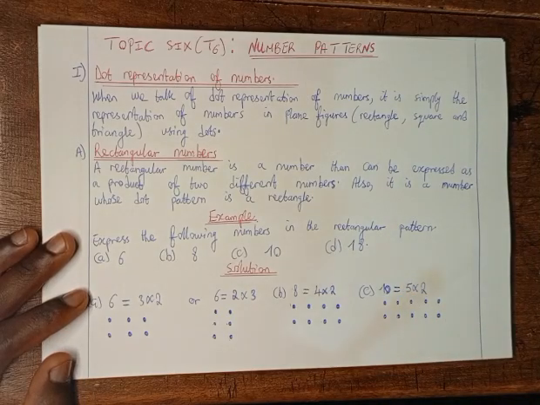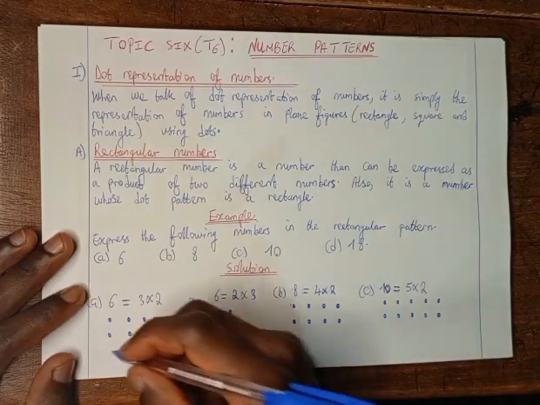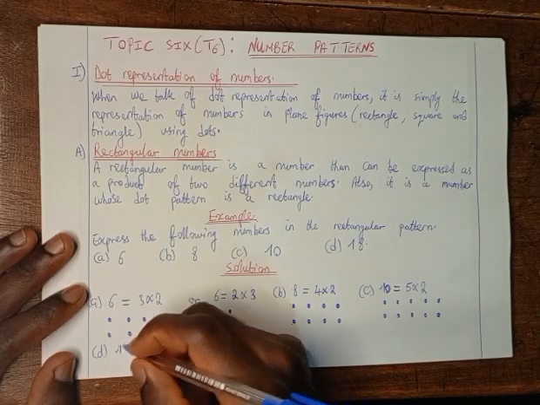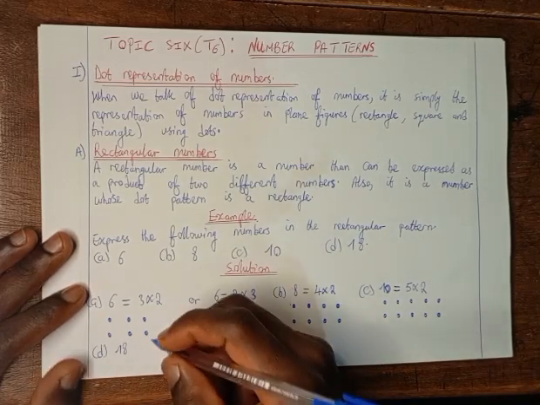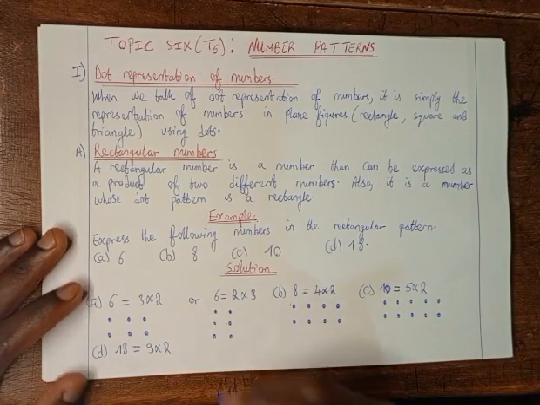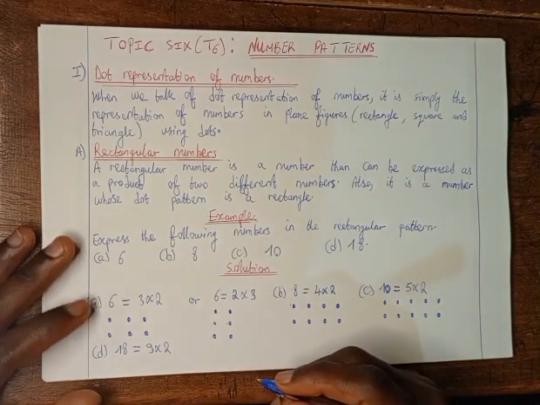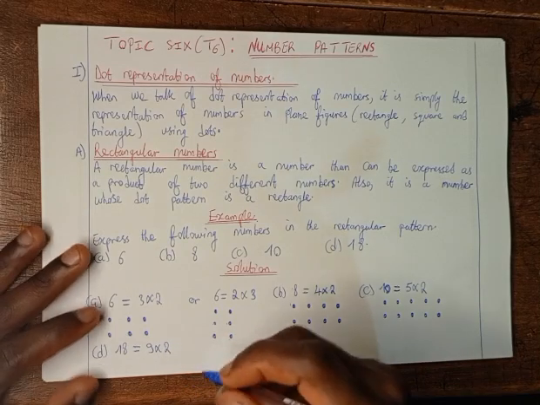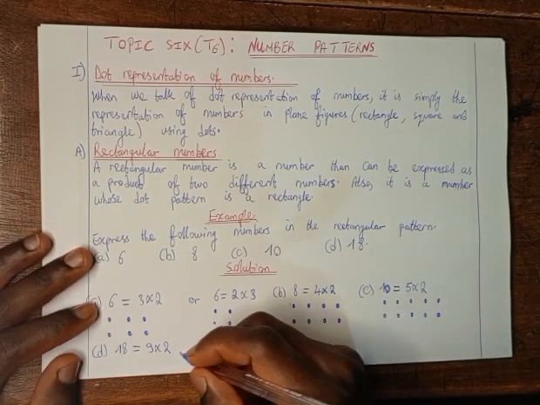We go now to question D. For D, we have 18. We know 18 can be expressed as 9 times 2. It simply means in this case the length has 9 dots and the width has 2 dots. Let's do it here.